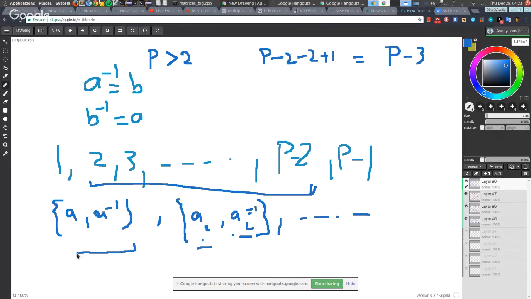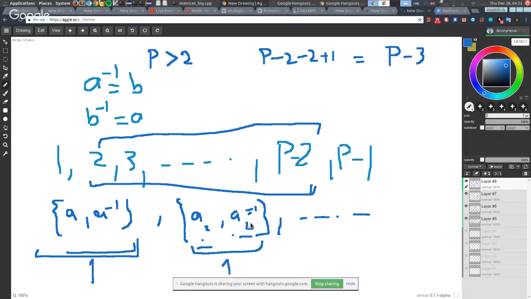So these unordered pairs will contain all the elements from here. And each of these pairs, when we multiply the numbers, gives a result of 1, and so on. This all, of course, is taken modulo p.